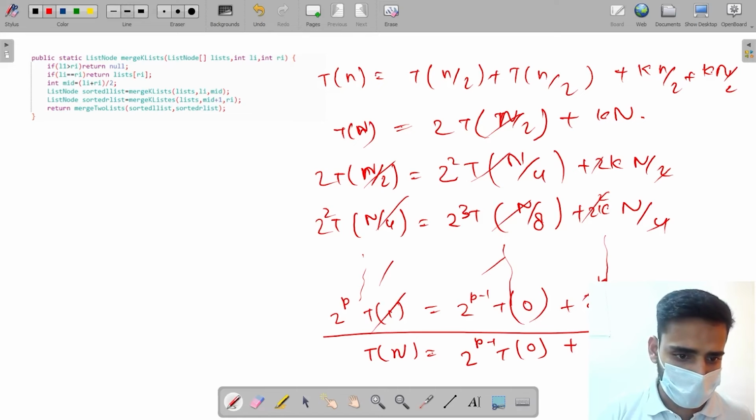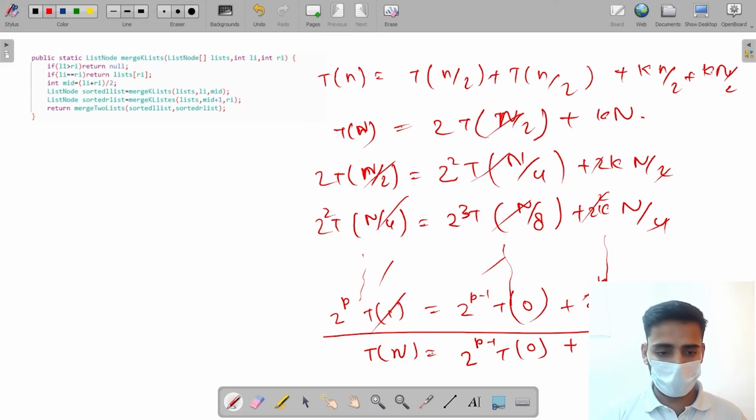So kn will be summed how many times? p times. So k will be out here, from 1 to p times, n is out here and k will be added p times. Let me make some space here.